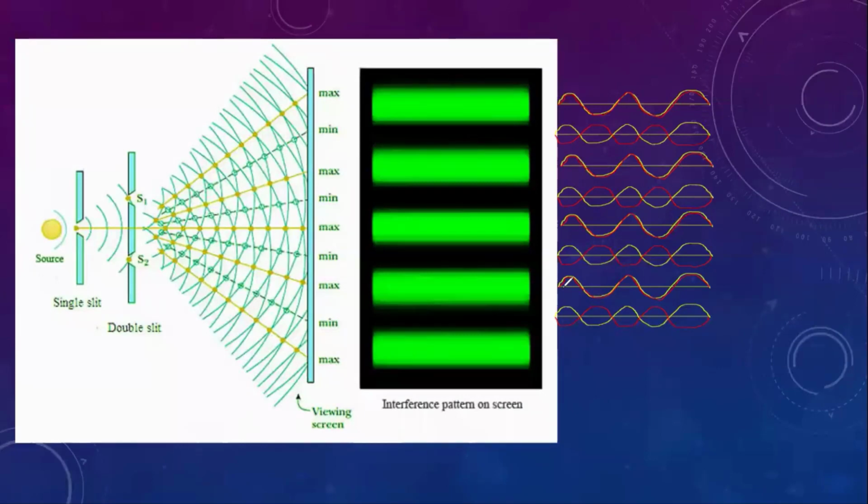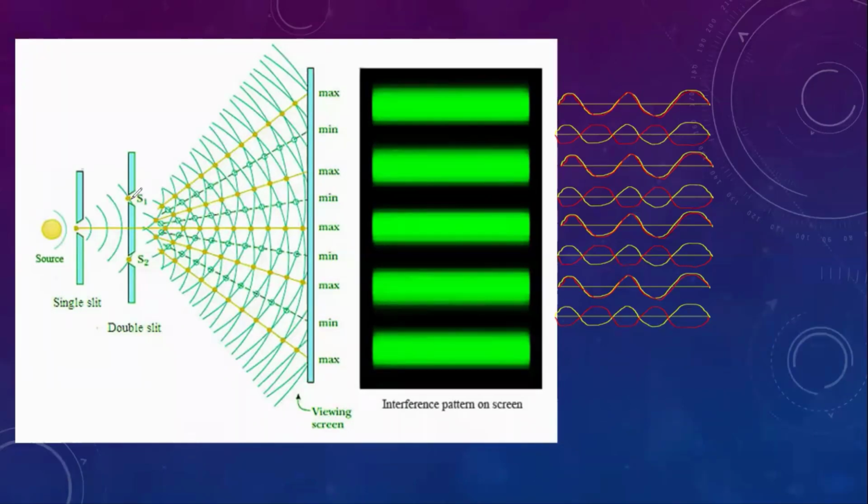But the important thing is, why do these alternate bright and dark fringes come? Practically, if you take two bulbs or two torch lights with the same power and focus them at one point on a screen, say a wall in a room, what will happen?